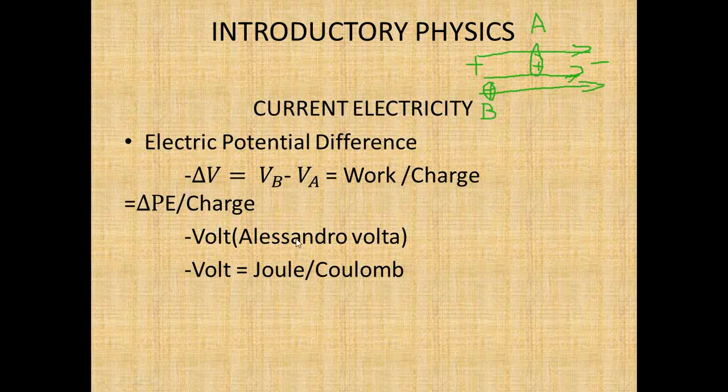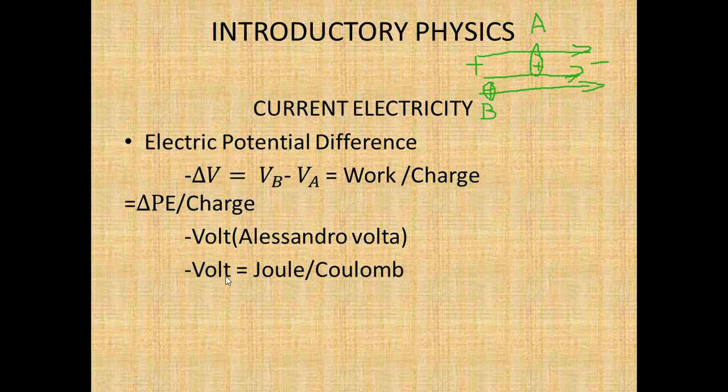Now, Alessandro Volta was the physicist who did most of the work in this area. So the electric potential difference, the change in electric potential from A to B, is called the volt, in honor of Alessandro Volta.